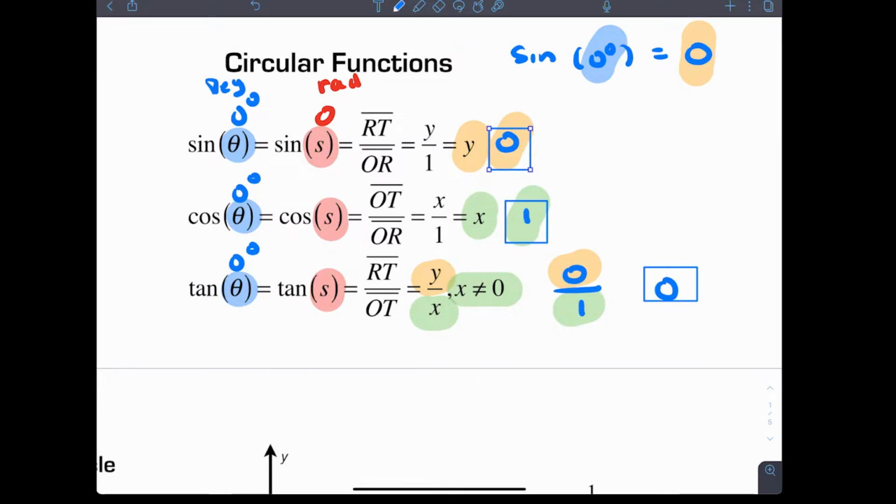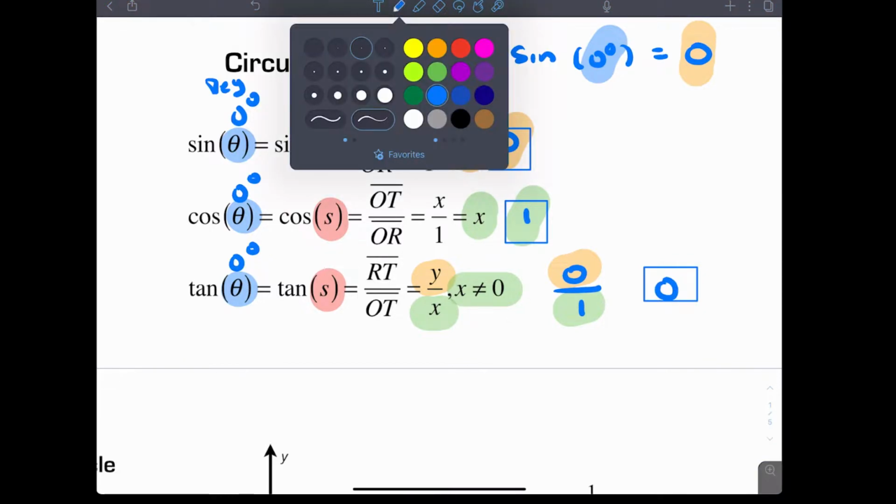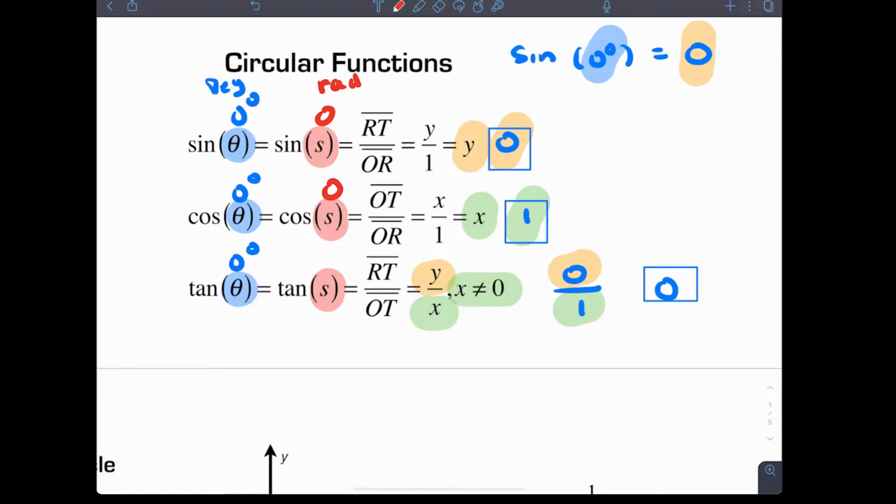And that's just for 0 degrees. Okay, you guys okay with that? That's where it comes from. And of course, if you don't even travel and move the ray, your arc length distance along that unit circle is 0. You didn't even travel. There it is.